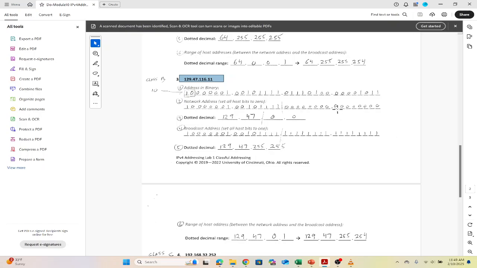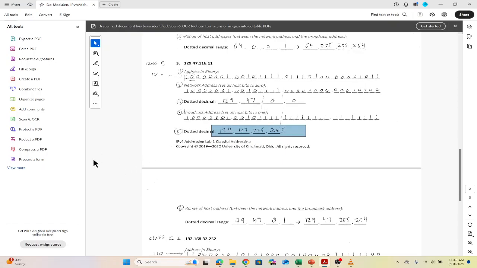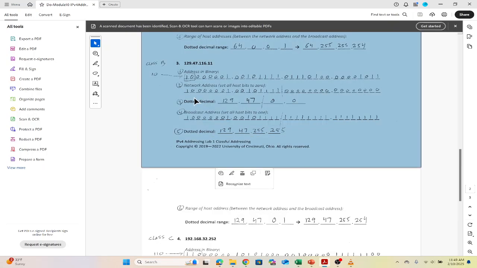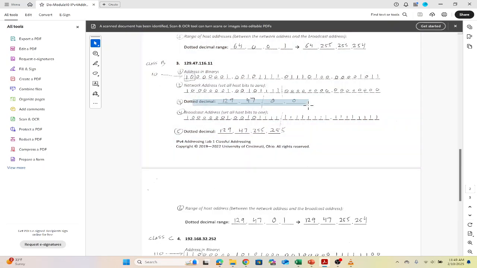The broadcast address, instead of everything being 0, everything would be 1s for the host. So this would be the broadcast address right here. Then the range would be the network address plus 1, up to the broadcast address minus 1.